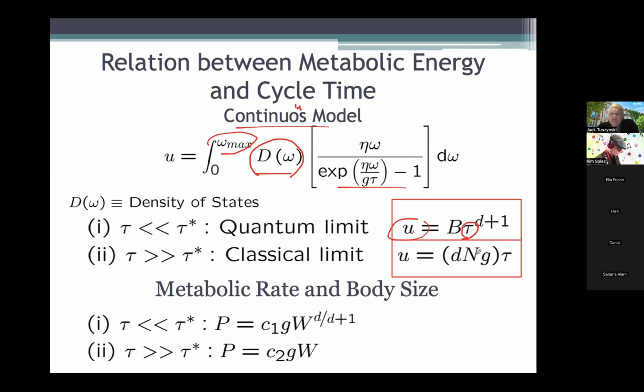And what's very interesting here is that there are two regimes: the quantum limit, when the cycle time is below a certain characteristic value, and that leads to this formulation. D is the dimensionality of space, so it could be 1, 2, or 3. Why would that be?